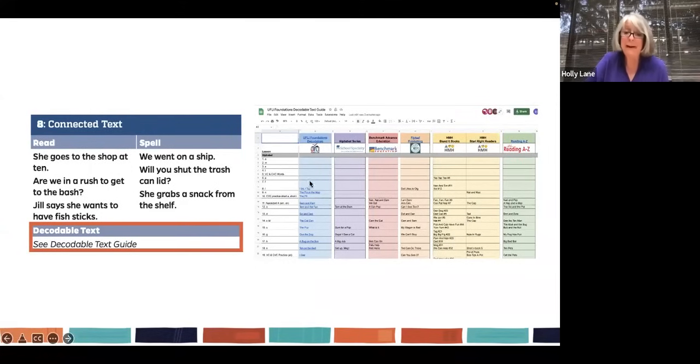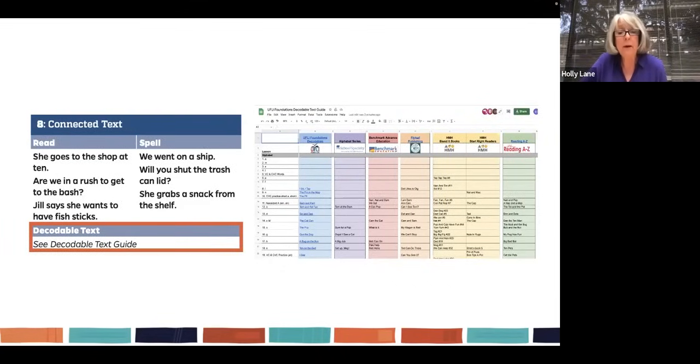Those are all listed, and those are linked to the decodable passage on our website. But we have other well-known series, and if you kept scrolling, you would see additional ones, and we plan to keep adding additional ones. So these are ones that we have access to. We plan to add other ones as we get access to more sets.